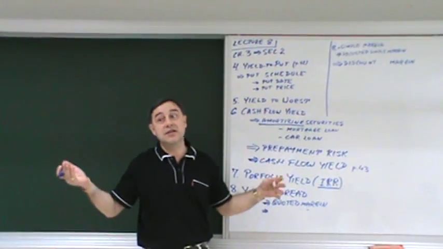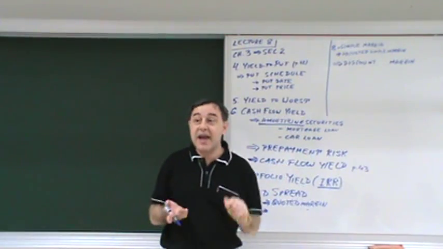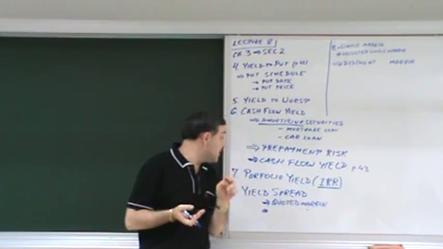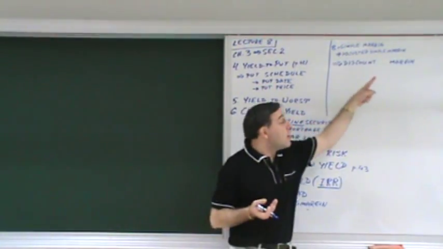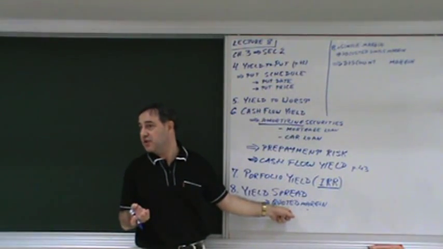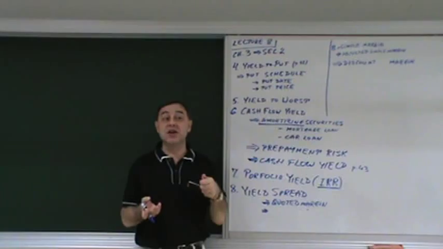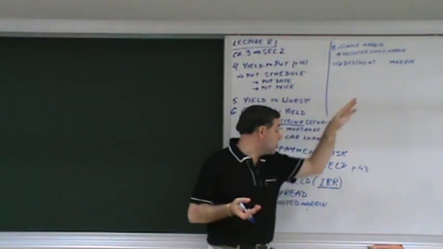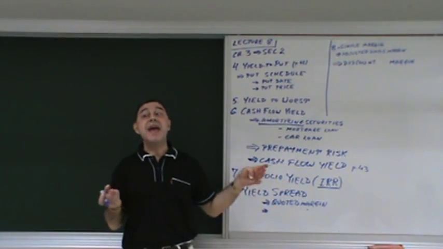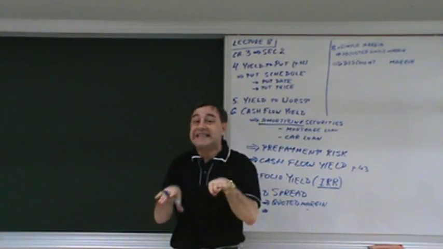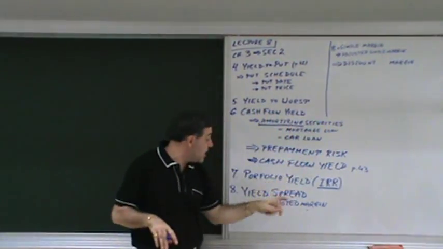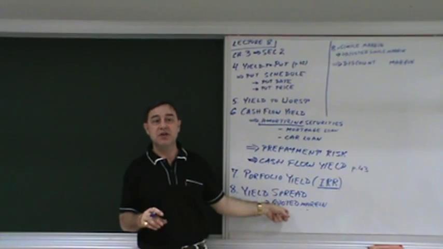If the bond is selling at a discount, the discount margin will be higher than the quoted margin. If it's selling at a premium, the discount margin will be lower than the quoted margin. And if it's selling at par, the discount margin will equal the quoted margin.